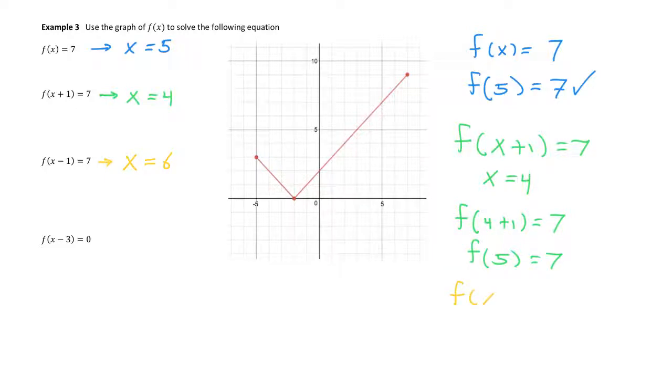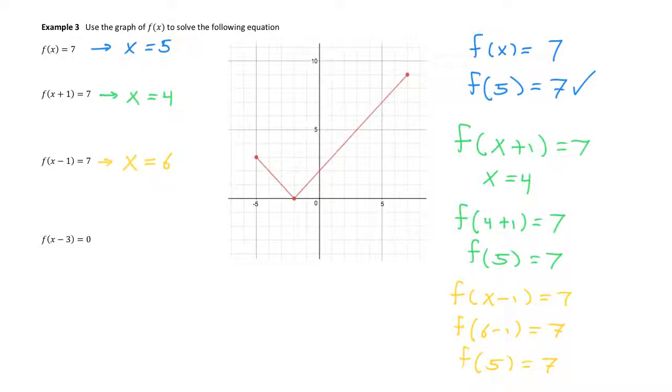We have f of x minus 1 is equal to 7. This whole thing here should be 5 for it to work out, but that means you have to put 6 in place of x. Because when you simplify 6 minus 1, it gives you 5, and f of 5 is 7. All right, so if you're adding 1, the answer goes down 1. But if you're subtracting 1, the answer goes up 1. It's the opposite of what I would expect.